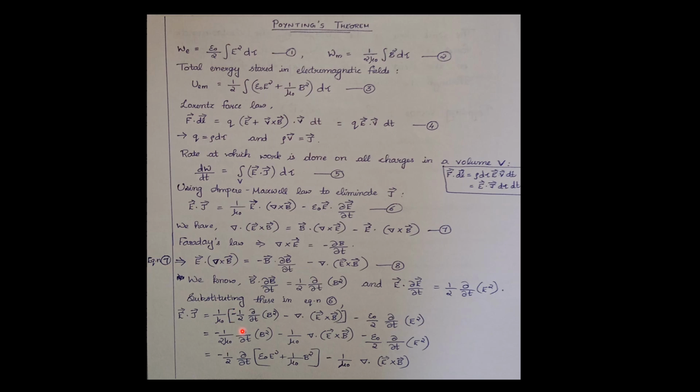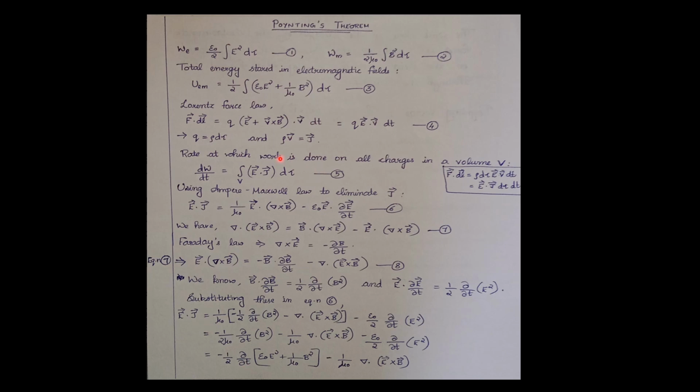Then we open the brackets: the first term gets 1 by mu 0, and here also 1 by mu 0 comes. Then we group together the terms with the electric and magnetic field partial derivatives, dou by dou t of B square and dou by dou t of E square. Dou by dou t is common in both terms, and minus half is common in both terms, so we take it outside the brackets. This is an expression for E dot J.